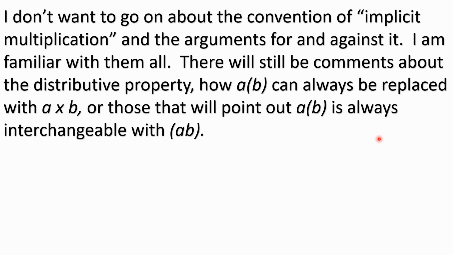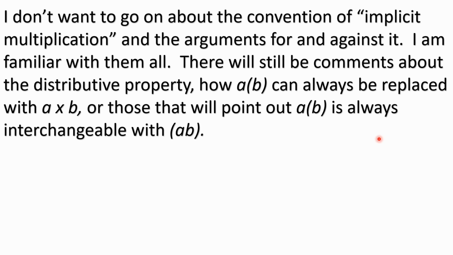I'm not going to go into the implicit multiplication argument here. I'm pretty familiar with those. I mean, there are going to be comments about the distributive property or how A times B in parentheses can always be replaced with A times B with an explicit multiplication symbol. And some people will say, well, A times quantity B is also interchangeable with AB in parentheses and so on.